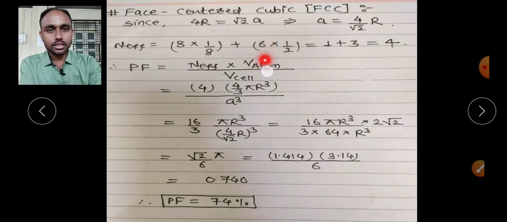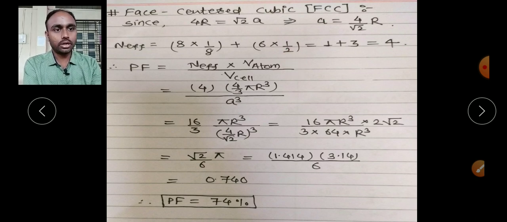At the 6 faces we have 6 atoms, but each face centered atom is shared by 2 different unit cells, that is why 1 by 2. See here, a corner atom is shared by 8 unit cells, that is why 1 by 8. These face atoms are shared by 2 unit cells, that is why 1 by 2, right, and then that is equal to 8 into 1 by 8, which is 1, and 6 into 1 by 2, that is 3.